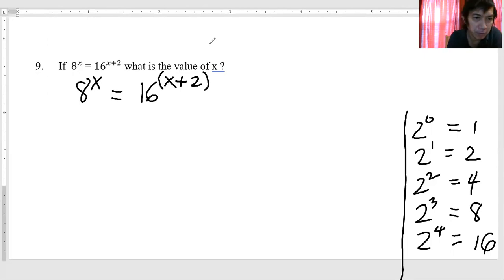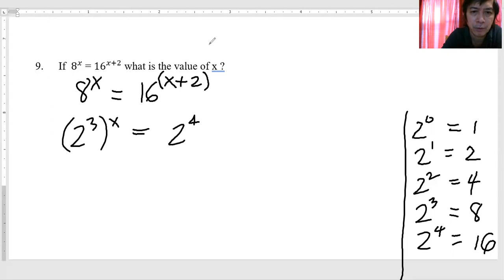So 8 can be replaced by 2 to the 3rd raised to x. And here you can replace the 16 with 2 to the 4, and that's your 16 raised to the expression x plus 2.